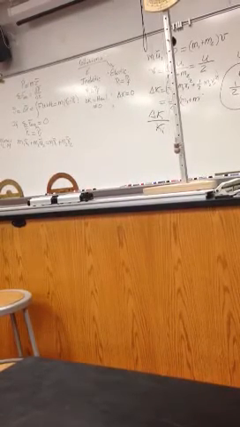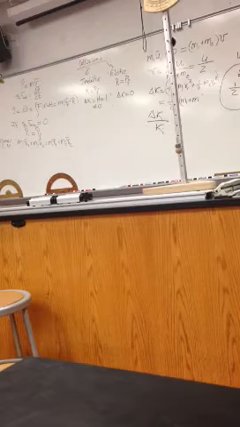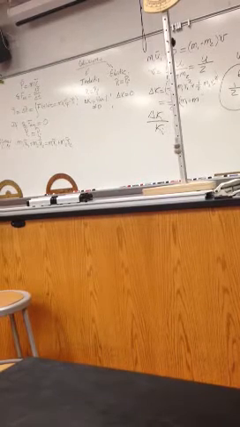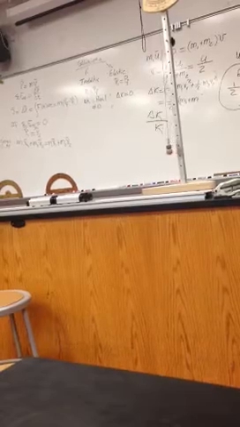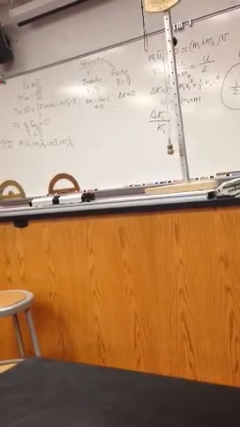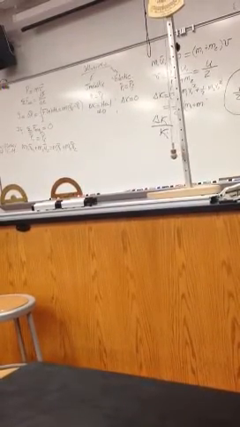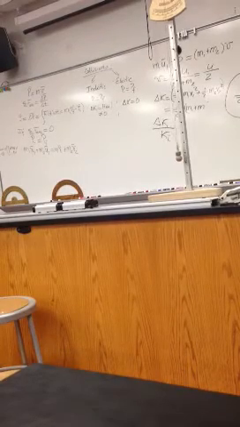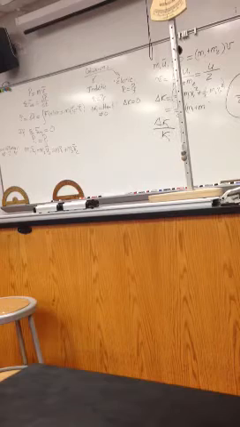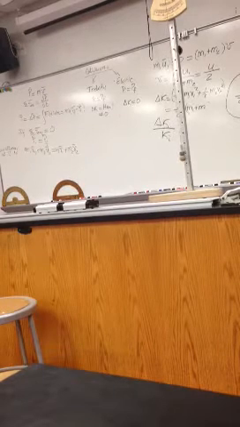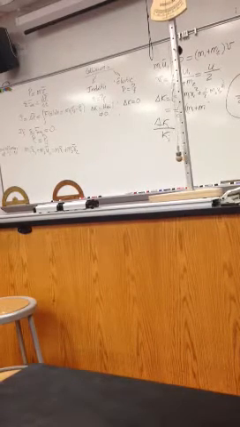For instance, let's say number 6. A 10-gram bullet moving at 1,000 meters per second passes through a 2-kilogram block initially at rest. In this case, do the two blocks stick together? No, it passes through. It's different, but it's the same idea.